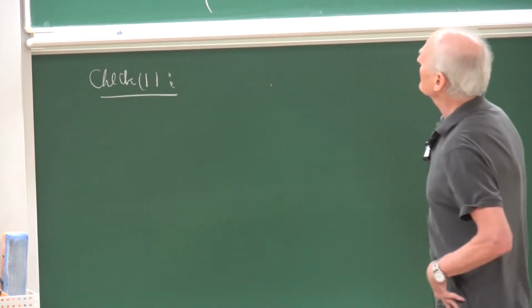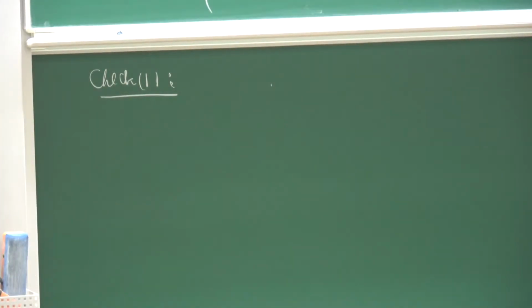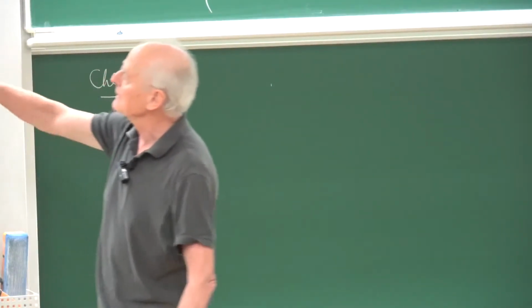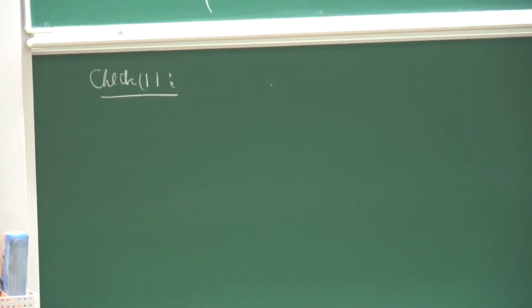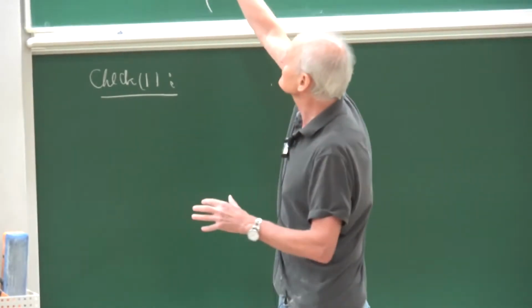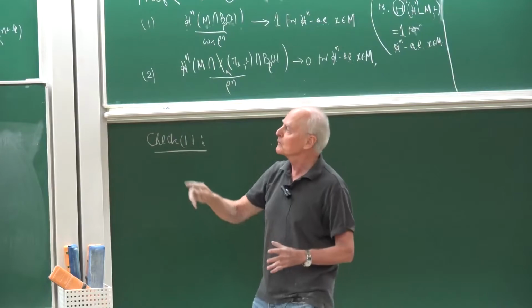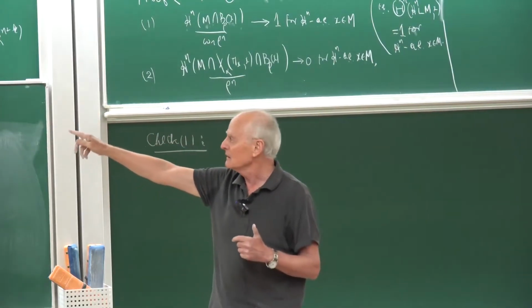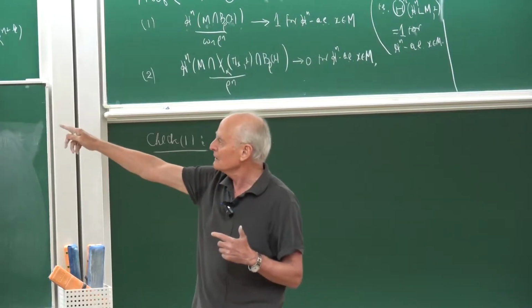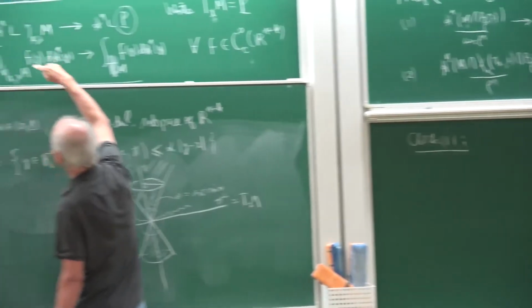So let's check one. As I said, the trick is to take special choices of f. Well, clearly we want to take f that's almost equal to an indicator function for the ball, because we're interested in M intersect B rho. And you get M intersect B rho if you took f exactly equal to the indicator function of the unit ball there, because this is just a rescaling.